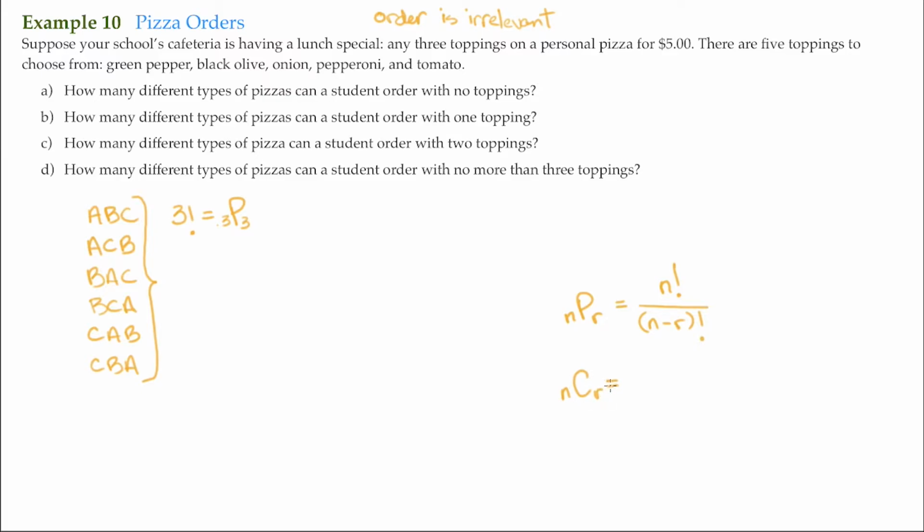So N choose R, that's going to be N factorial, just like it is right here for the permutation, over N minus R factorial. But similar to non-distinct items, when we had the word Antarctica and we had repeats of the letter A, we had to factor those out of here. Same way with here.